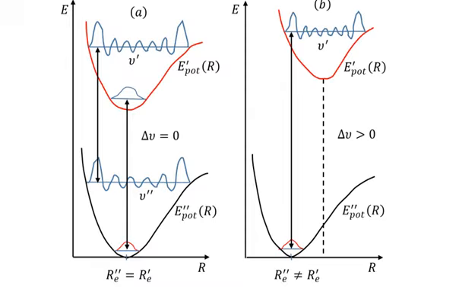And for part B, you can see that the transition occurs between two different vibrational levels from the upper electronic state and from the lower electronic state. That is delta V is greater than 0, because the upper vibrational quantum number V single prime is greater than the lower vibrational quantum number V double prime. So the difference delta V, which is equal to V single prime minus V double prime, is greater than 0 for this transition.